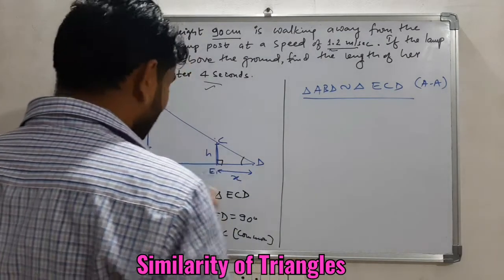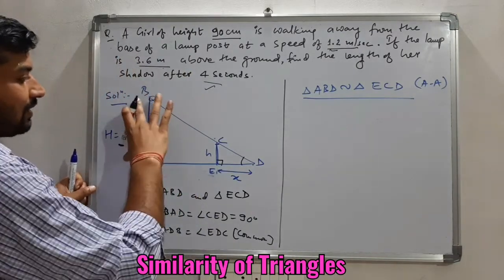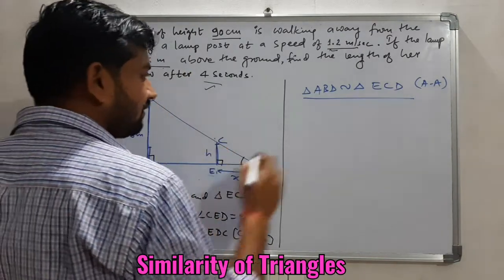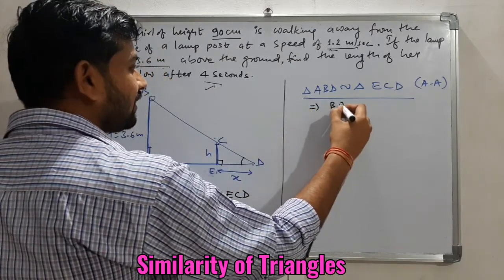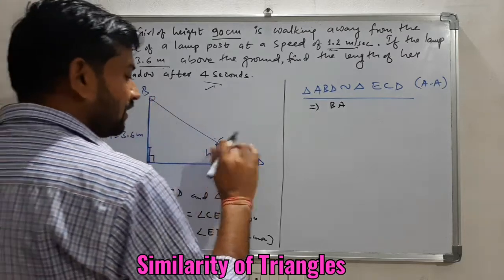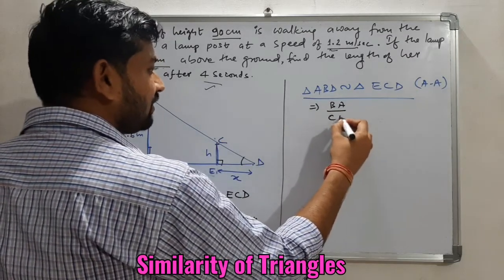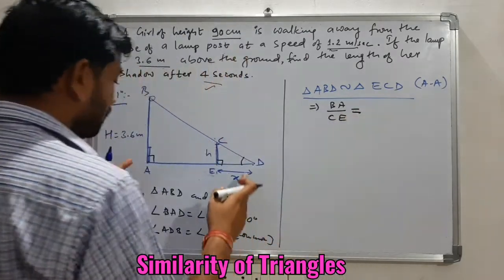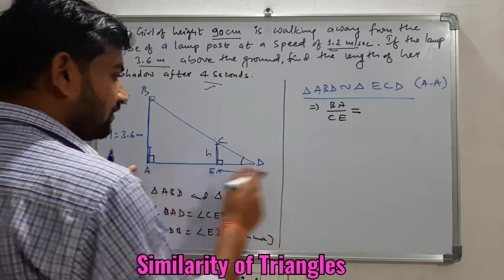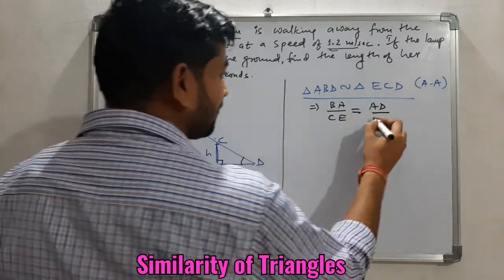So from these two similar triangles, we can easily write BA, this height of tower, is proportional to the height of girl, that is CE. BA upon CE must be equal to the base. Here the base is AD, and for this smaller triangle the base is ED.